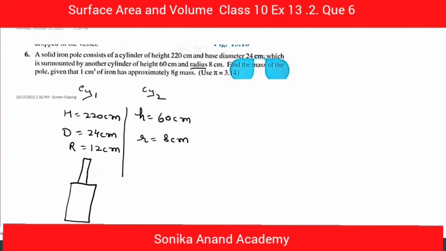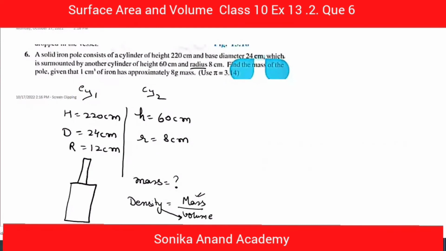Now we have to find the mass of the pole. According to the question, we have to find the mass of the pole. Now we have a formula: density is equal to mass upon volume. So in order to calculate mass, we have to find the volume, then we multiply with density.